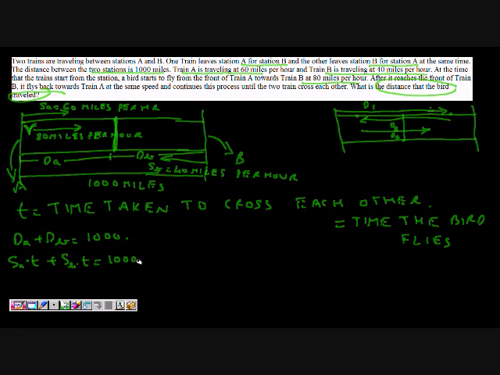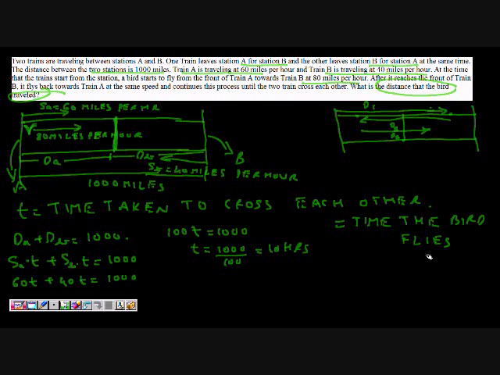S of A is 60, so 60 times T plus 40 times T, where 40 is the speed of B, is equal to 1000. So 100 times T is equal to 1000, or T is equal to 1000 divided by 100, which is 10 hours. The time taken by these two trains to cross each other is 10 hours, which is the same time that the bird flies between these two trains.